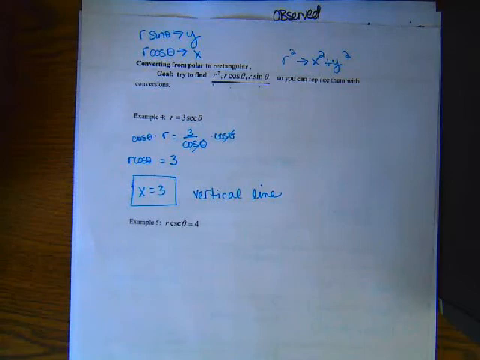Since the radius squared is 4, the radius is 2, and the center is 0, 2. Alright, so there's two examples of how we go from polar form to rectangular form.